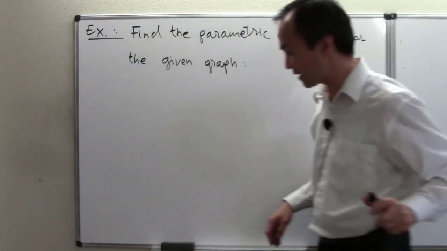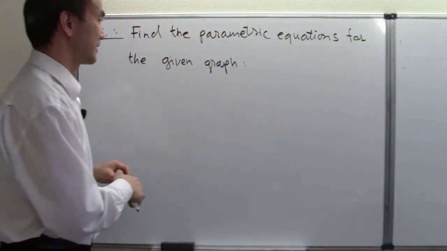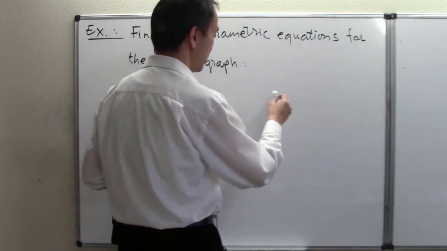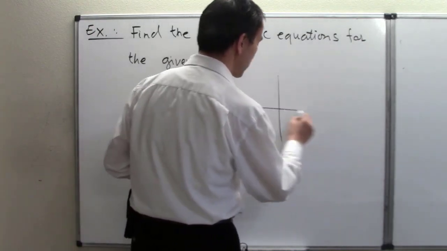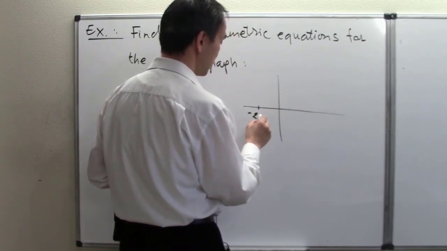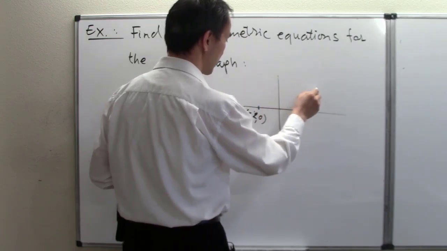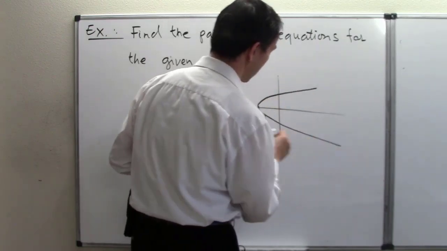So now with that graph given, and we have seen it, if we pay attention to the graph a little closely, it's got the vertex at -2, comma 0, and it goes like this. It's got a few other points.